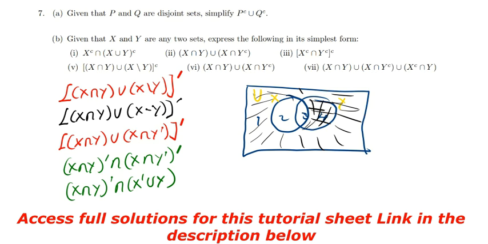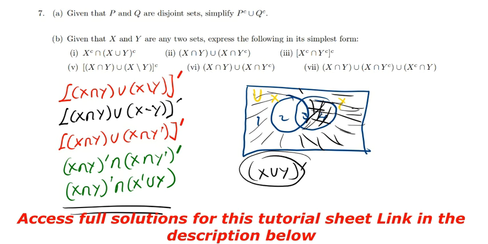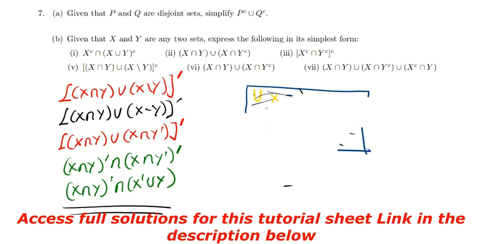If it just gave us 1, we would say that would have been x union y, then everything complement, this part outside there. But because we're including that, this will not qualify, so we'll just leave it there. That is going to be our final result. This is part 5.